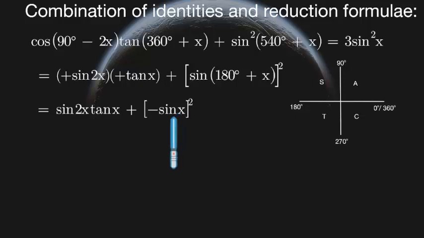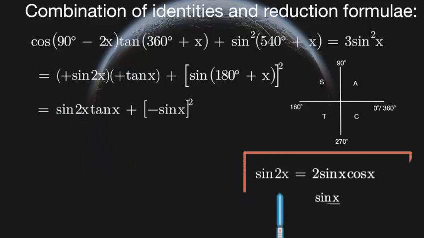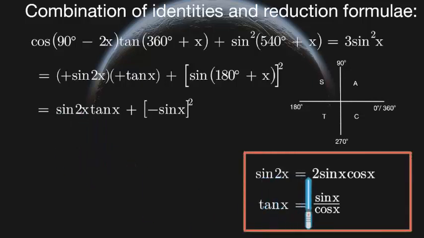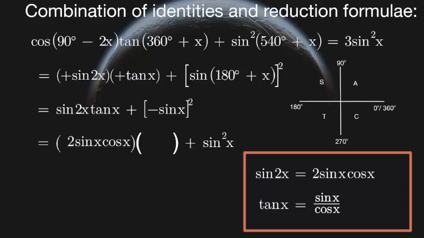So I cannot factorize. And therefore it leaves us only with identities. So a sine double angle gives us 2 sine x cosine x. So I'm going to take this and I'm going to put it in the place of the sine double angle. So here we go. And I write it in brackets because I'm still multiplying it with the tangent.